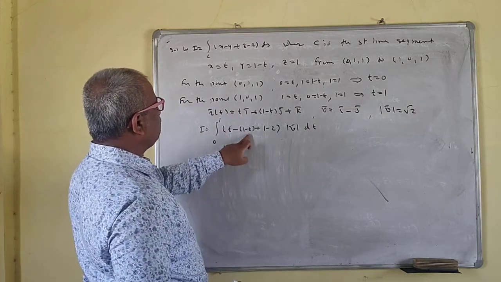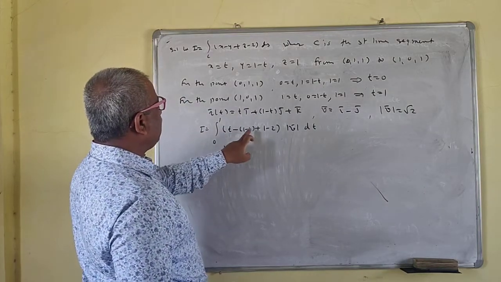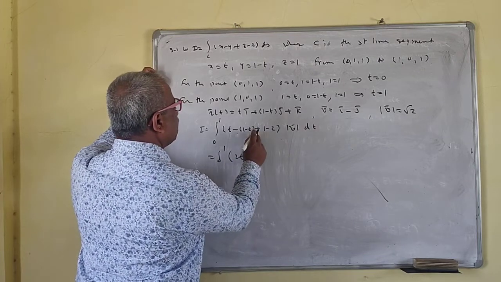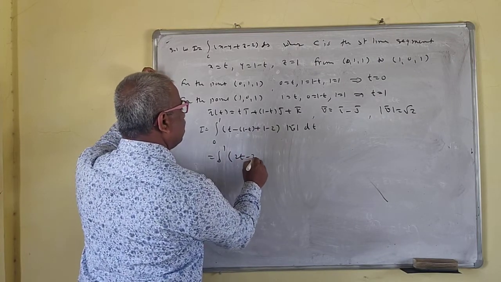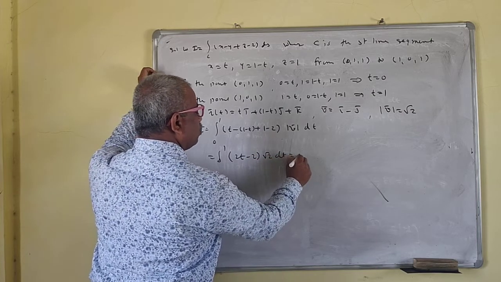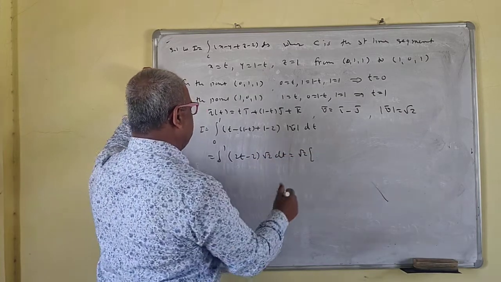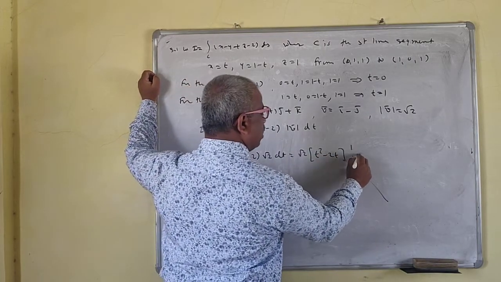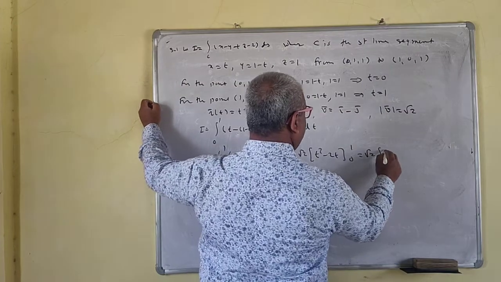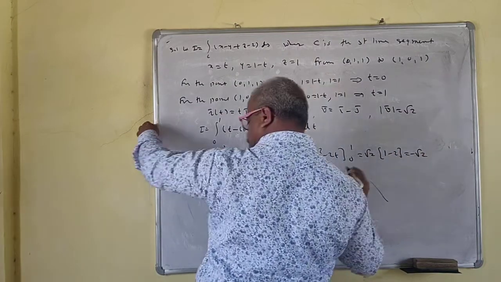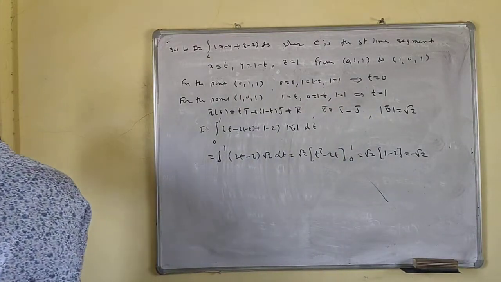This is t plus t, the minus 1 and plus 1 get cancelled. So this is 2t minus 2, into root 2 dt. So this is root 2 times the integration of t square minus 2t, from 0 to 1. So this is root 2 times 1 minus 2, which is minus 1. So the answer is minus root 2.